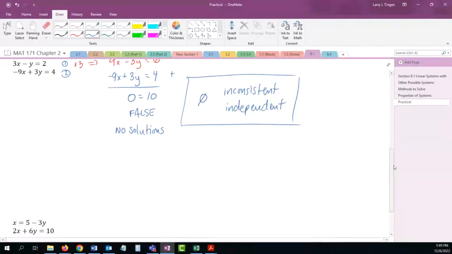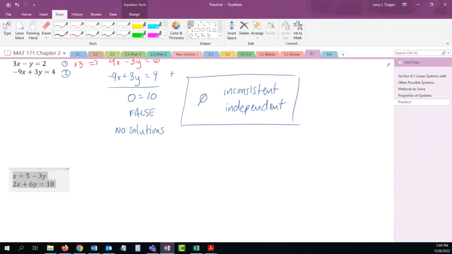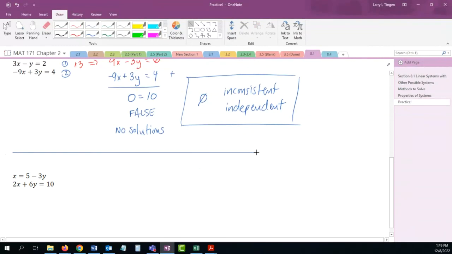And then lastly, I've done elimination twice. Let's go back to substitution just to make sure we're good with it. In this one, equation one's already solved for x, right? So this is definitely going to be substitution.